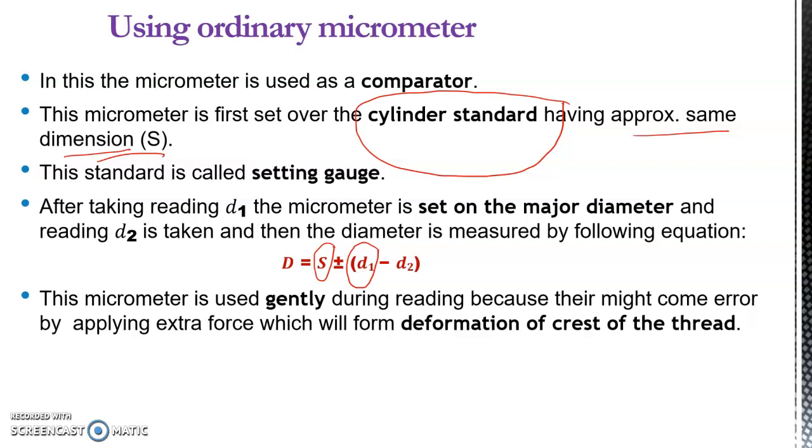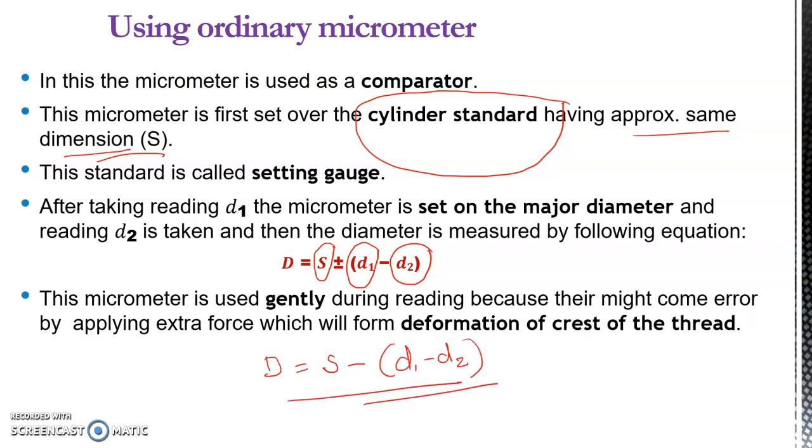Then next we will measure the major diameter of our thread, and that is recorded as D2. And then the equation will be the diameter of the thread is equal to S plus or minus D1 minus D2.